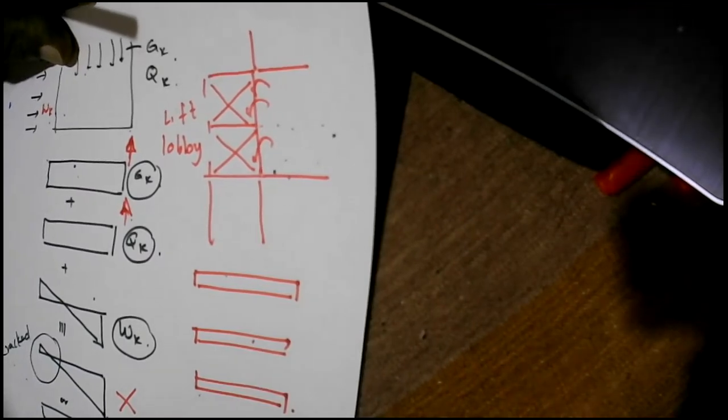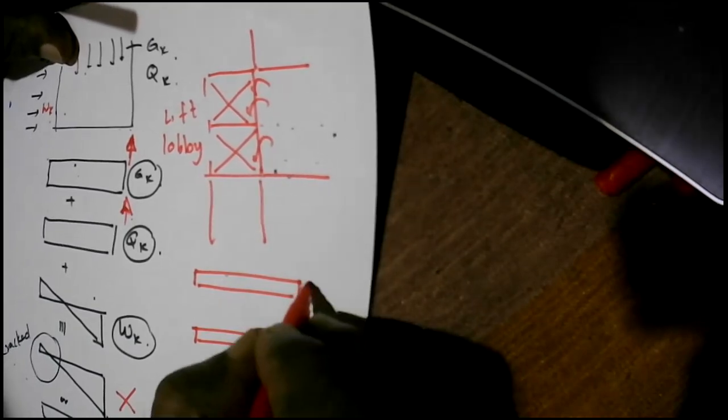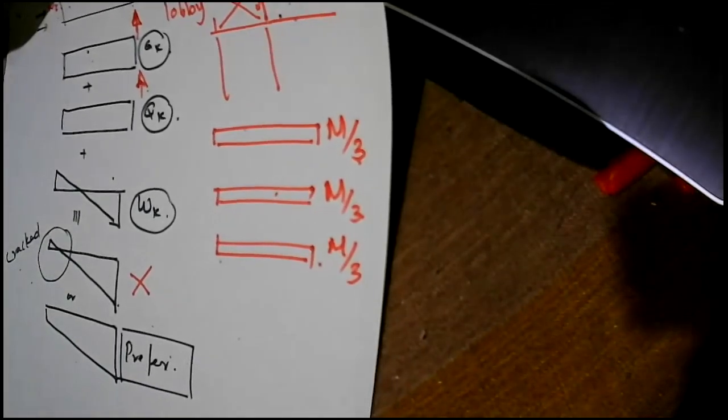On the other hand, what you have to do is this WK induced bending moment can be shared between a number of walls. So instead of having one wall, if you're having 3 walls, then each wall will be carrying a lesser moment. The moment carried by each wall will be M by 3.